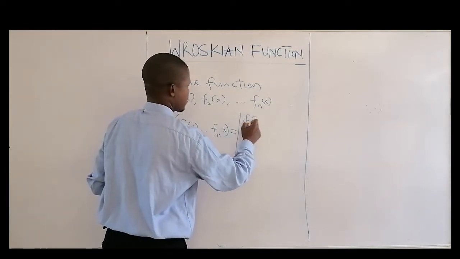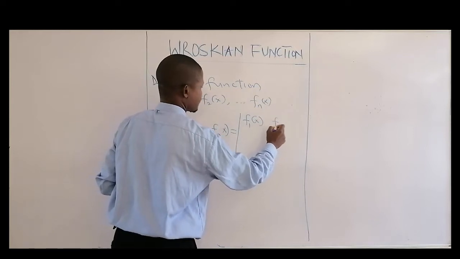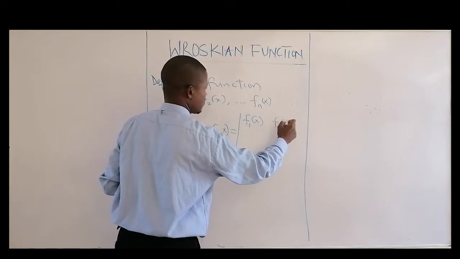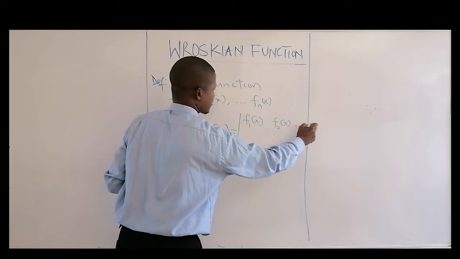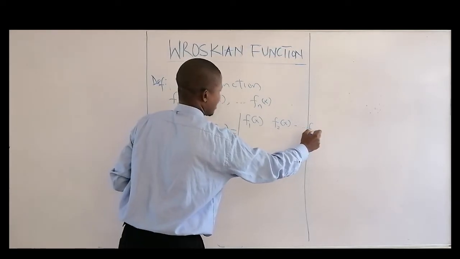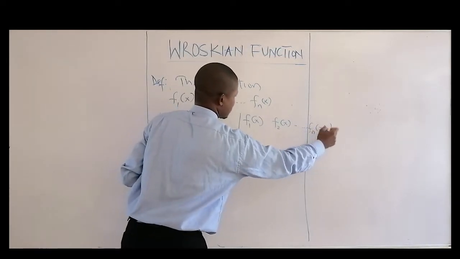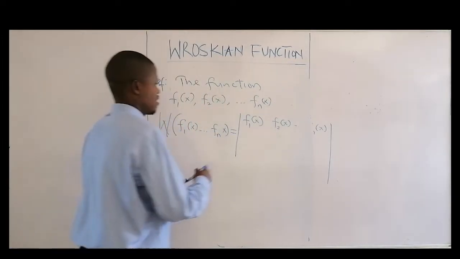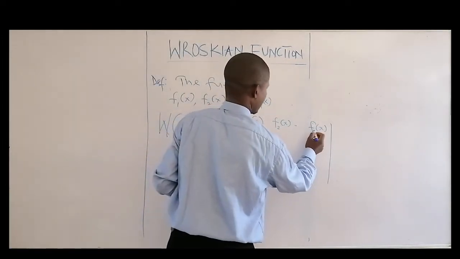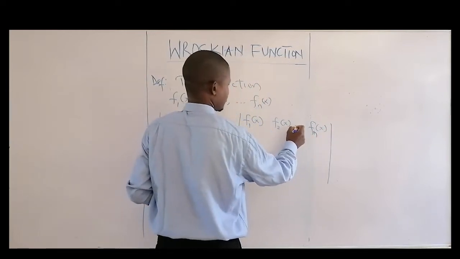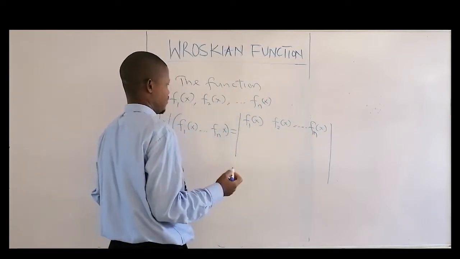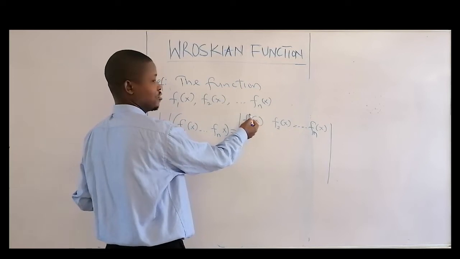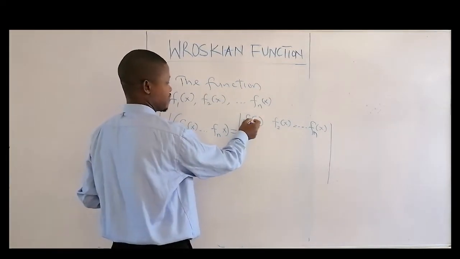You have f1 here, f2, it goes on like that, to fn of that function. It continues like that. So then the next thing to do is to get the differential of this.